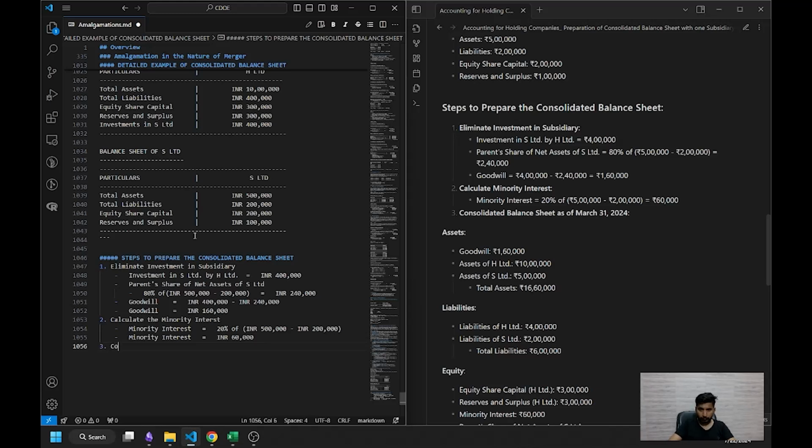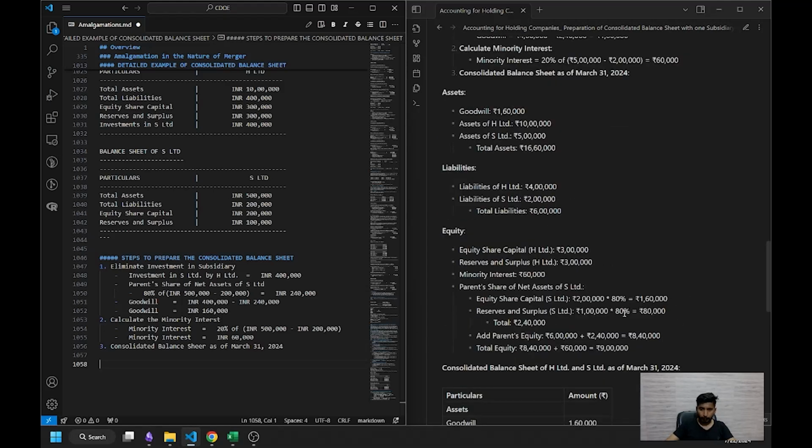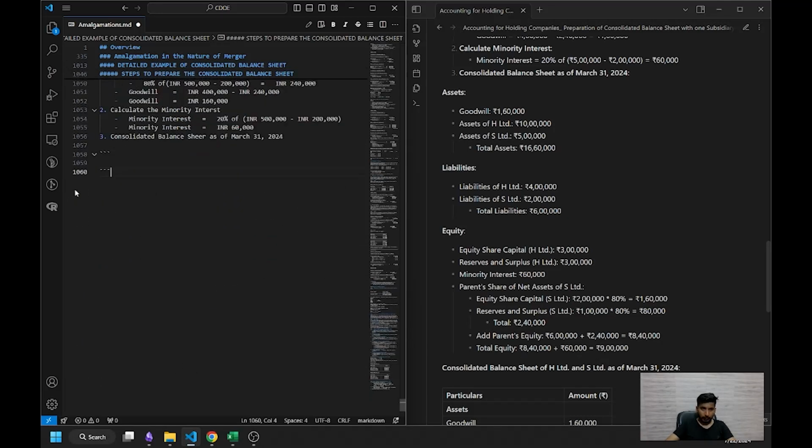And after that, the consolidated balance sheet as of March 31st, 2020. First of all, assets. We have the goodwill, which is also an asset, and the goodwill is rupees 1,60,000, which we have calculated.